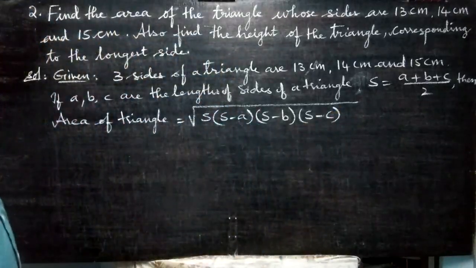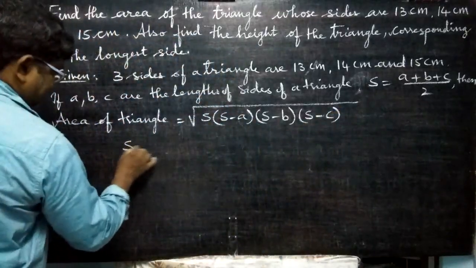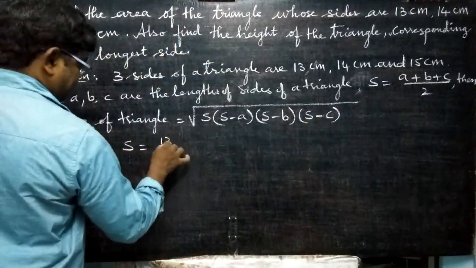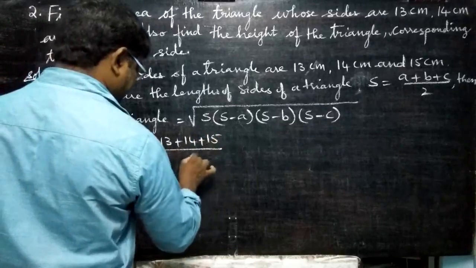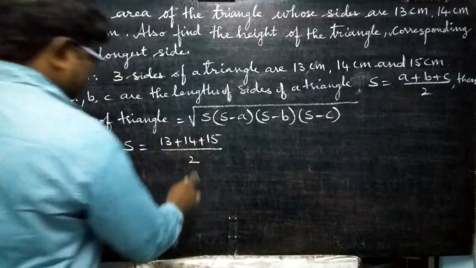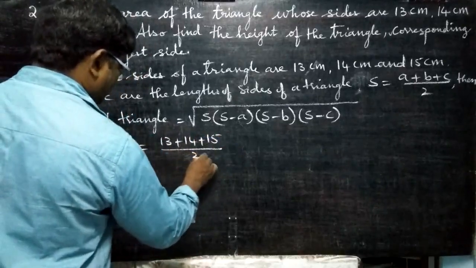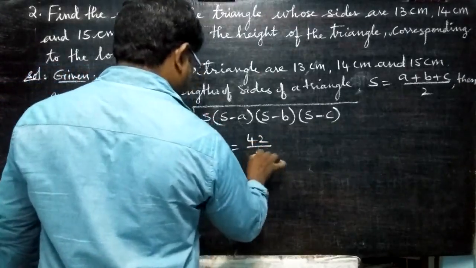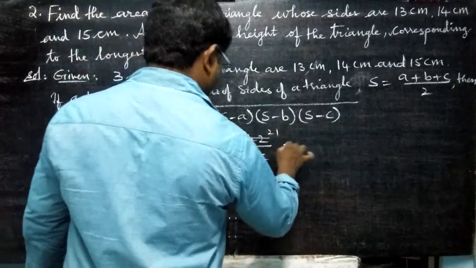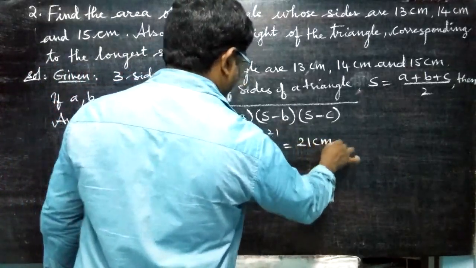Now we are going to find s first. s is equal to 13 plus 14 plus 15 by 2, that is equal to 42 by 2, which is 21. So 21 centimeters we got.